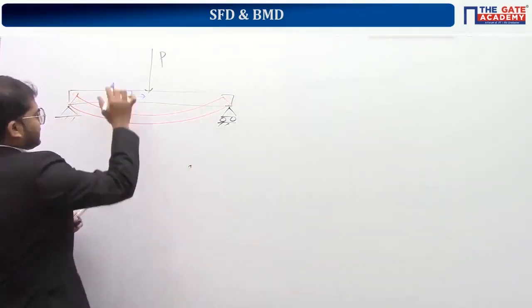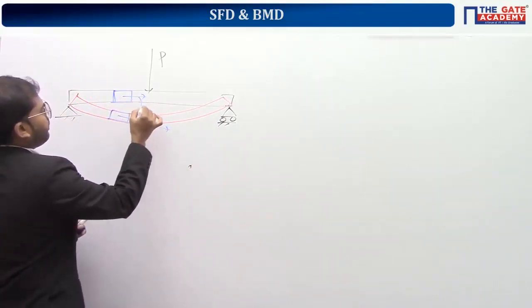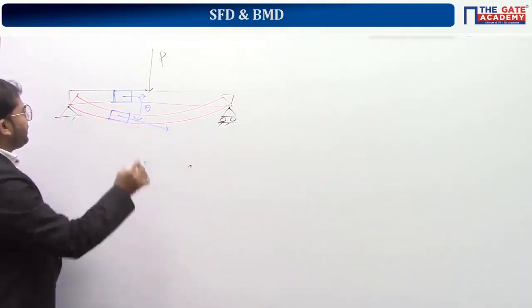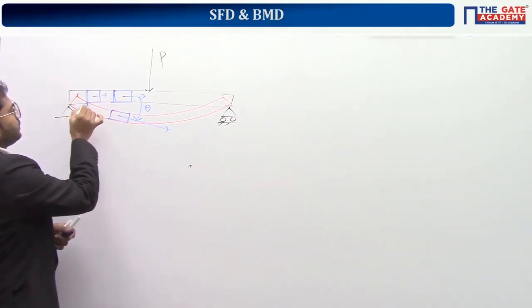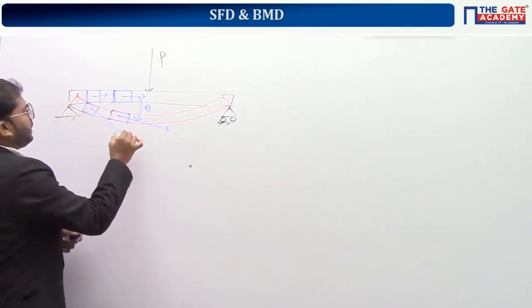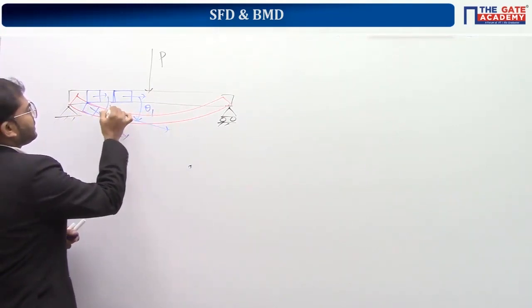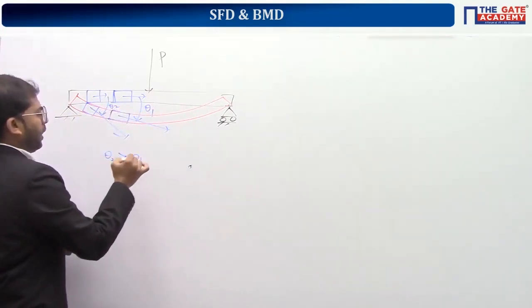In the bent beam, it got rotated by some angle theta. If I take another element here, it got rotated by more angle. Let's take this angle as theta 1 and this angle as theta 2. We see theta 2 is greater than theta 1.